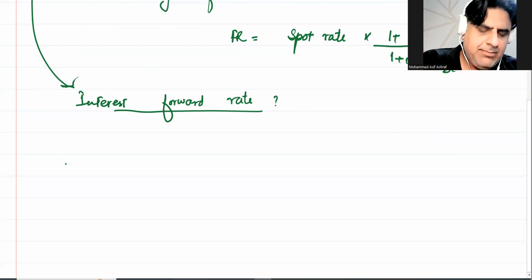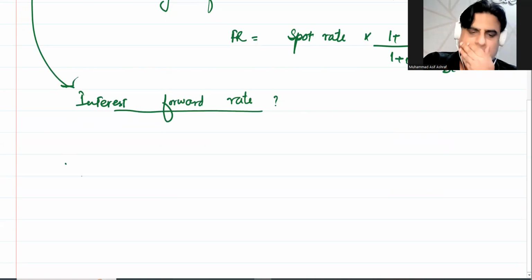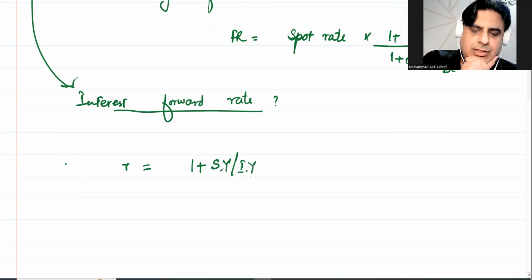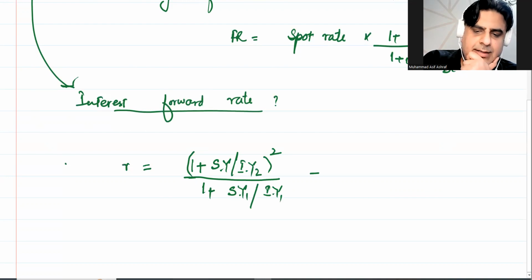First of all, always remember the formula for the interest forward rate is: 1 plus spot yield or individual yield of year 2 raised to the power 2, divided by 1 plus spot yield or individual yield of year 1, minus 1.